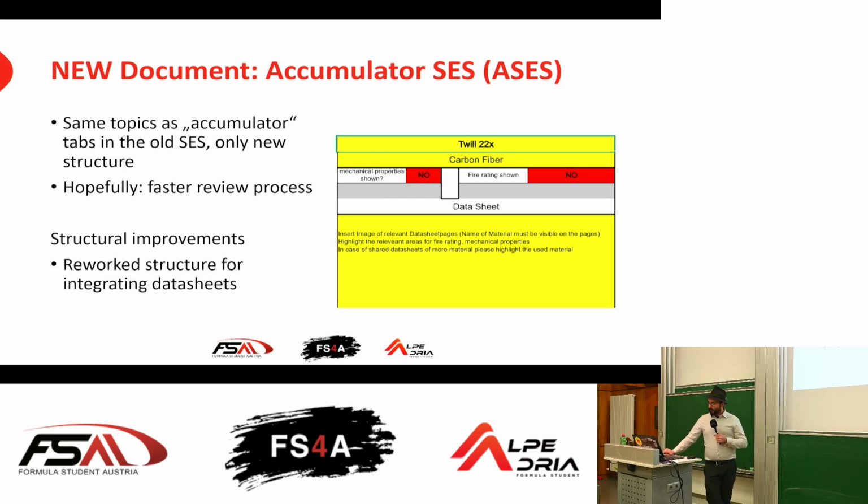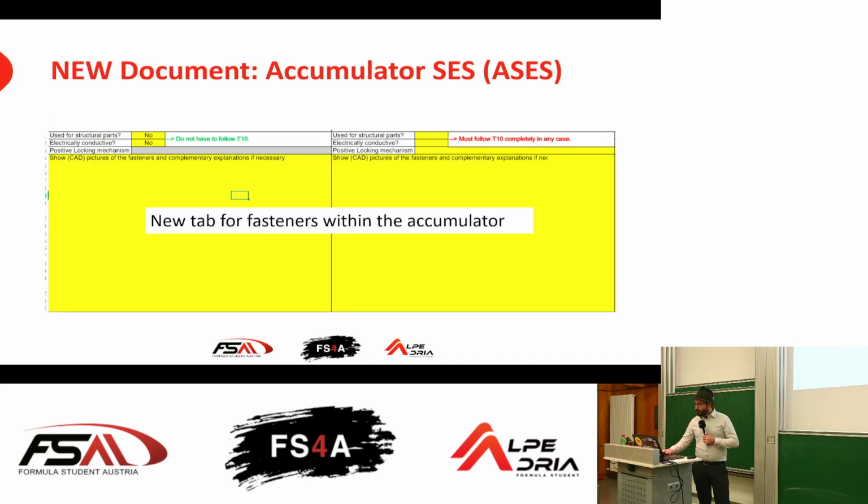And with regards to the structure of the document, for example, you can see on the right, there is a reworked structure on how to implement data sheets. So basically, you have to first fill out what is shown in this data sheet. Does it show the mechanical properties and the fire rating properties which are relevant here? And then you insert a proper picture and not just give us a whole load of PDF pictures from data sheets, where we have to find the values that are interesting for us on our own.